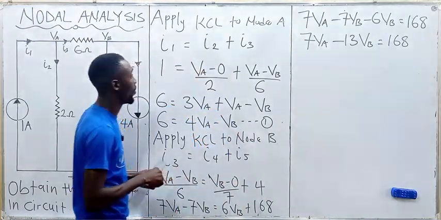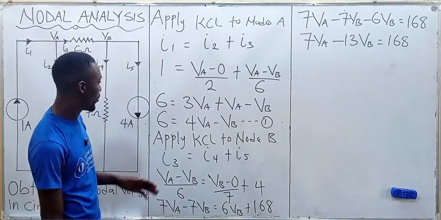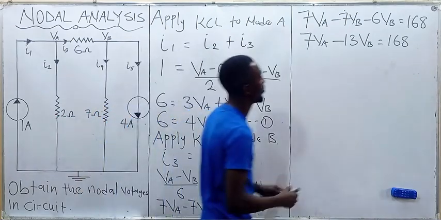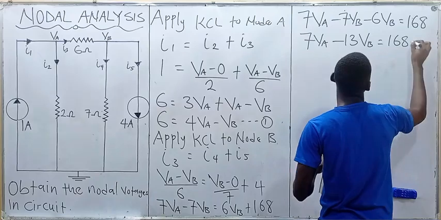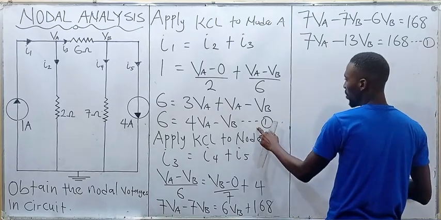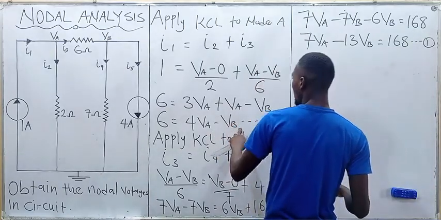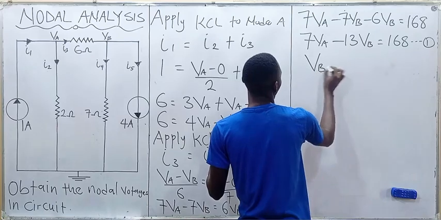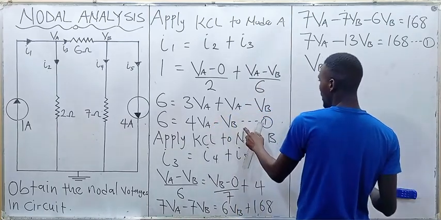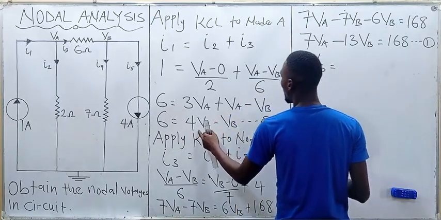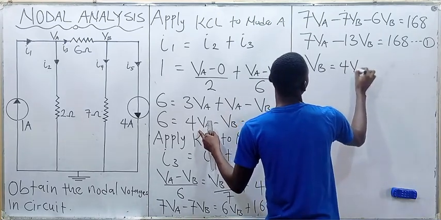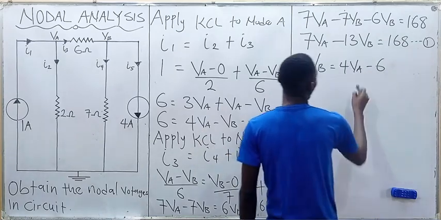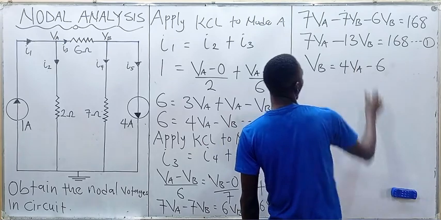So we can substitute equation 1 into equation 2. If we make VB the subject from equation 1, we move VB to that side and bring this here. VB will be equal to 4VA minus 6. We are going to substitute this in this equation.